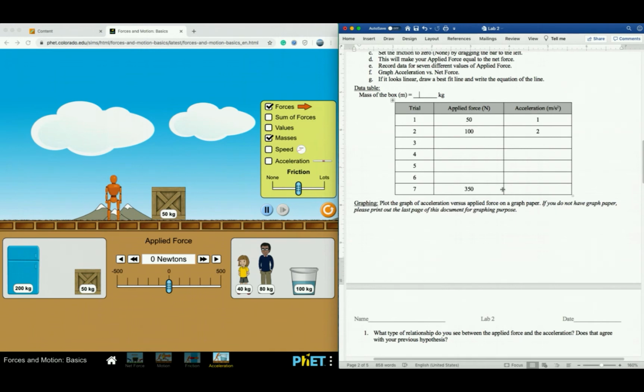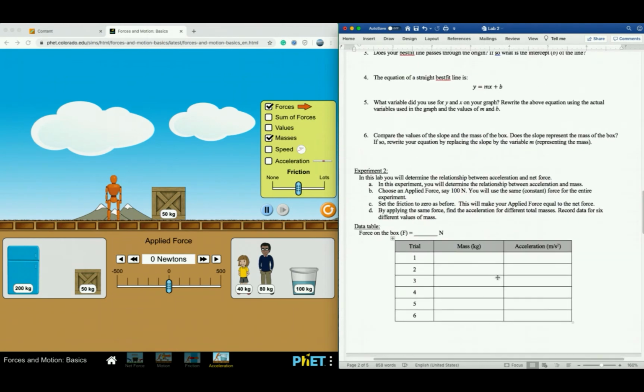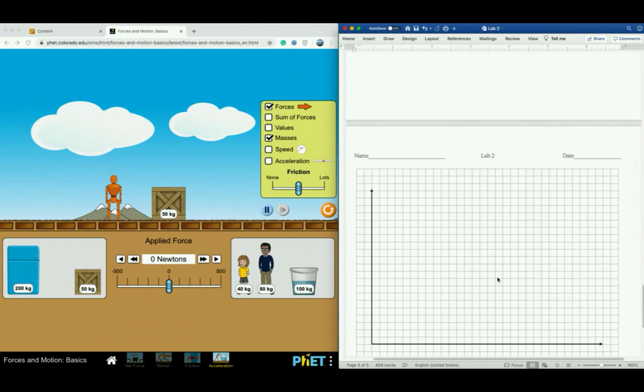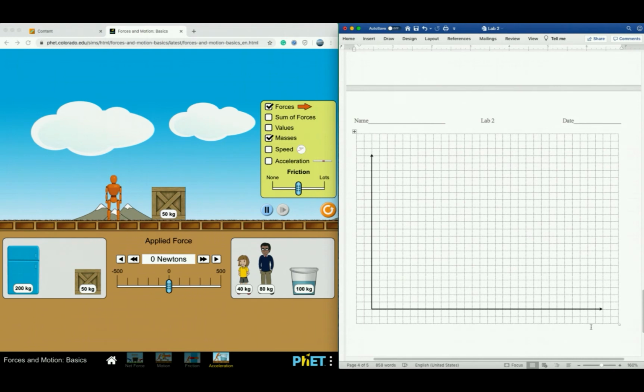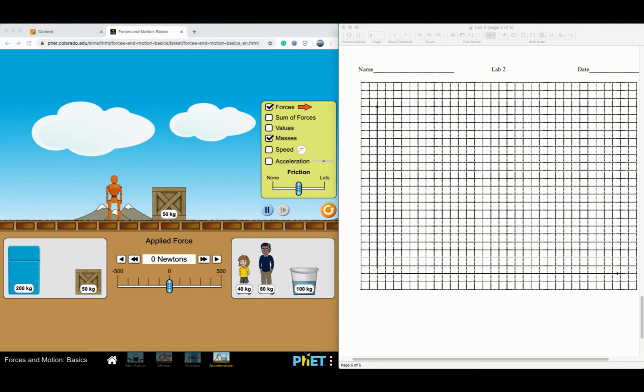Okay, so you will need to use a graph paper. If you do not have a graph paper, on the back of this lab you have this graph sheet. So use this graph sheet for your graphing. Okay, so in order to plot the graph, you first determine which one is the dependent variable and which one is the independent variable.